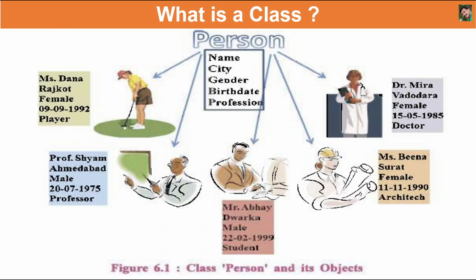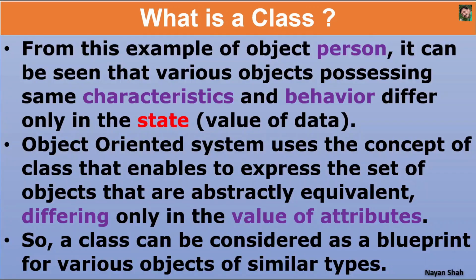So person class has common attributes shared by all the objects, but all these objects differ from each other by their values. The value, that is the state of the object, differs from one object to another, which gives that object a unique identity.